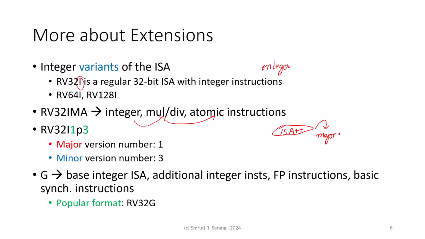So you can have a major, and then P is a delimiter, and then you can have a minor version, right? So if I write RV32I1P3, then the major version number is 1, minor is 3.